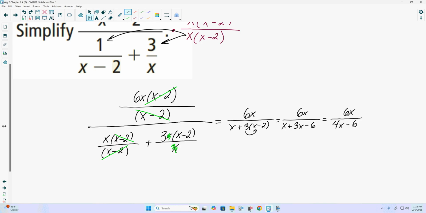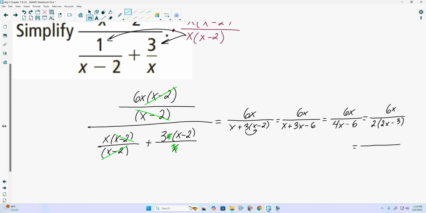Is there a greatest common factor between 4x and 6? 2. We'll have to factor it out, giving us 2 times 2x minus 3. With the 6x and the 2, that 2 out front will reduce.